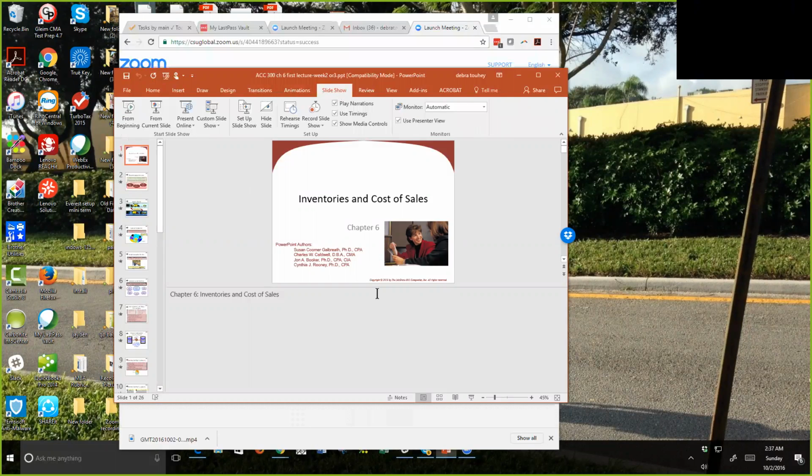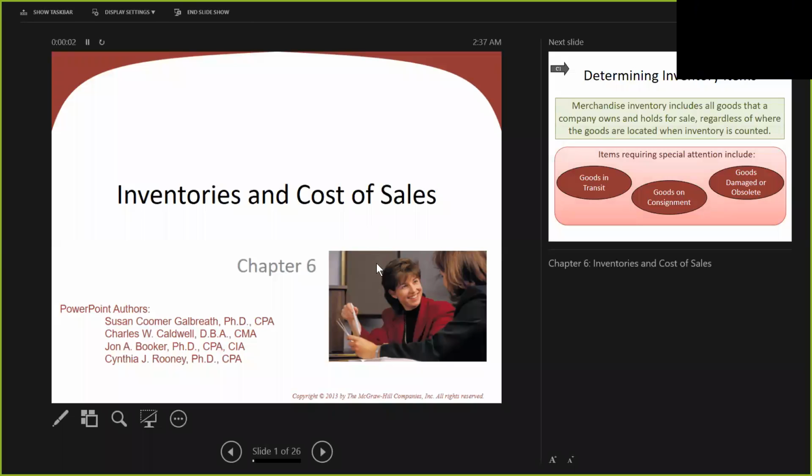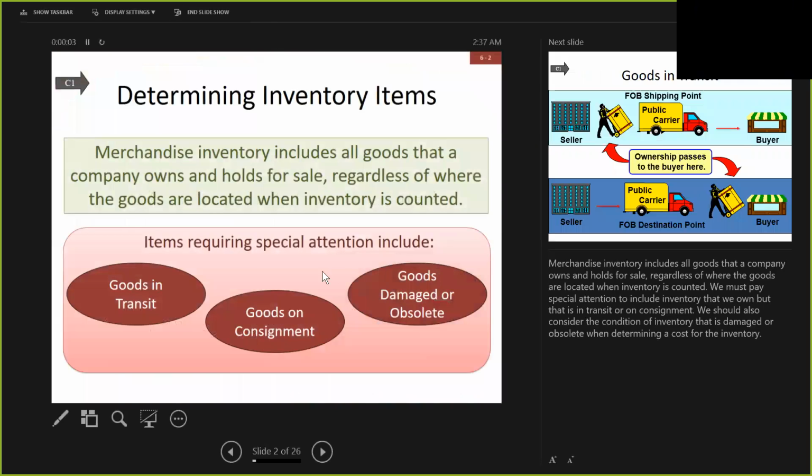All right, inventory and cost of sales. So let's talk about determining inventory items. First of all, we have to have merchandise inventory, and that are the goods that the company holds for sale.